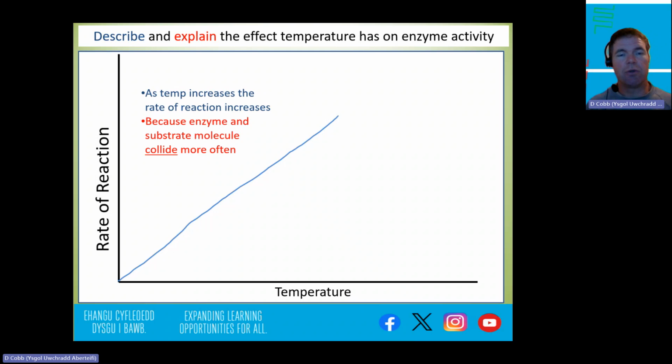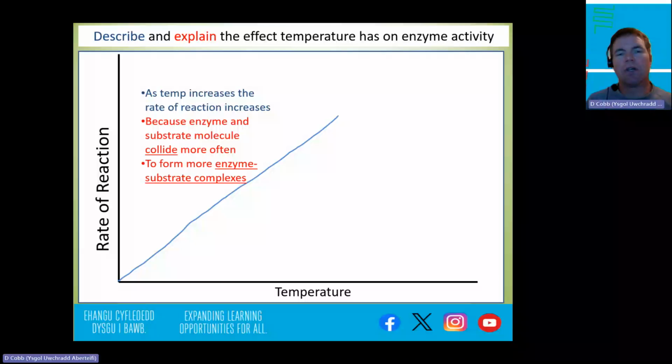Collisions are required in order for the reaction to take place, a collision between the enzyme and the substrate, so that the enzyme can catalyze the reaction. So if the molecules are moving faster, they can collide more often.